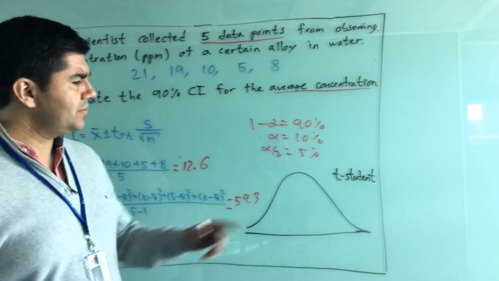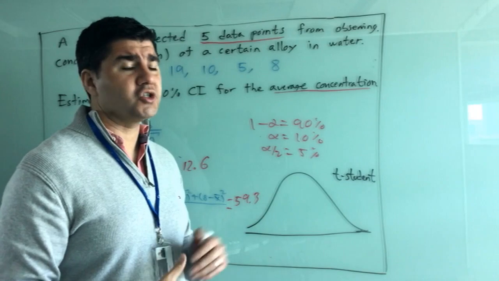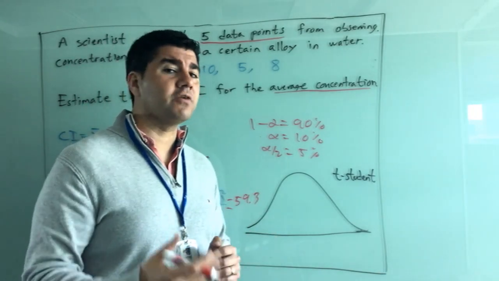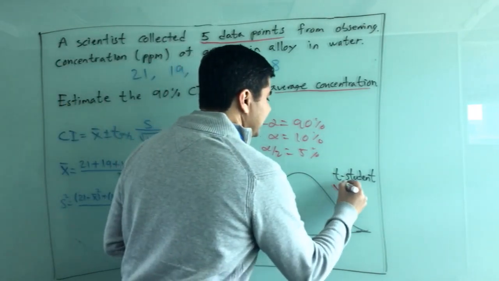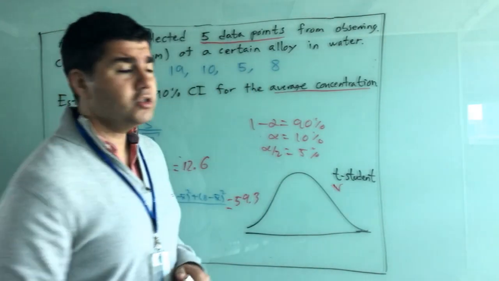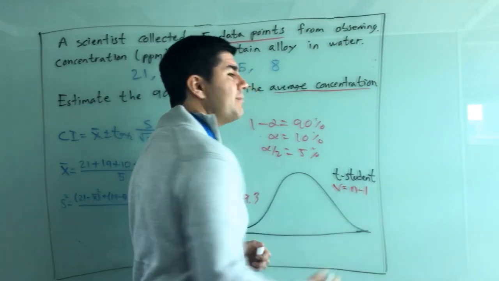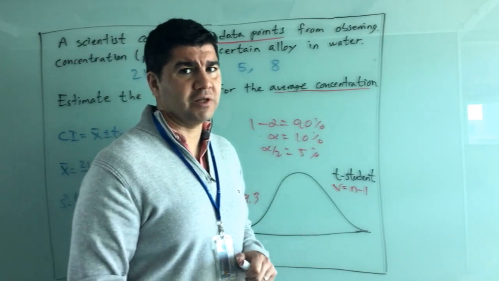But there is an issue. The t-student is not like the standard normal distribution that has parameters of a mean 0 and a standard deviation of 1. The parameter of the t-student is v, the degrees of freedom. We're going to notice that this v, the degrees of freedom, is nothing but n minus 1. It's the definition of degrees of freedom.